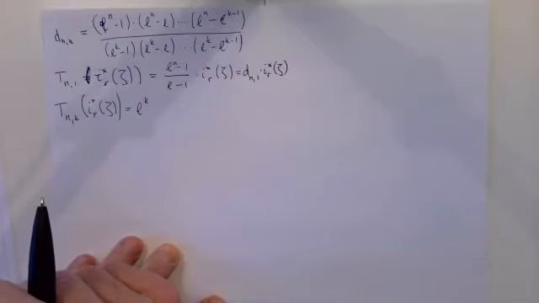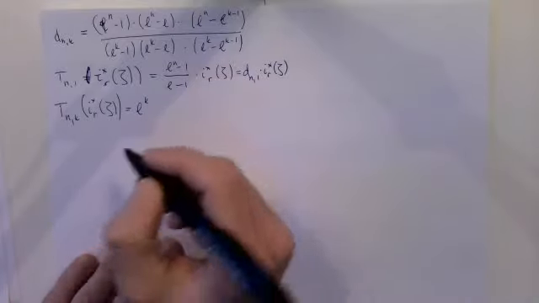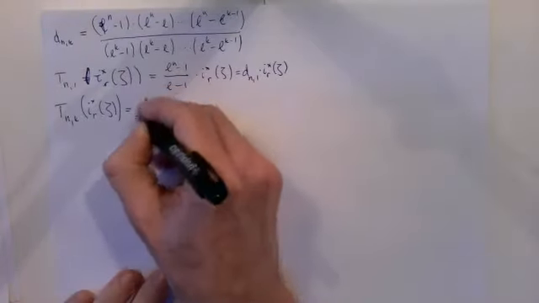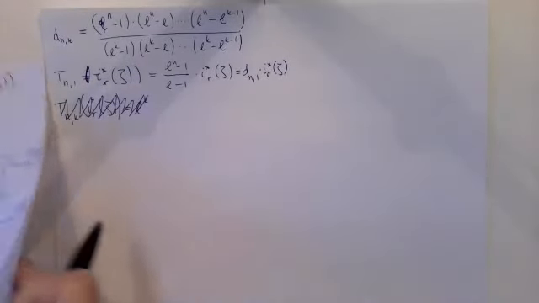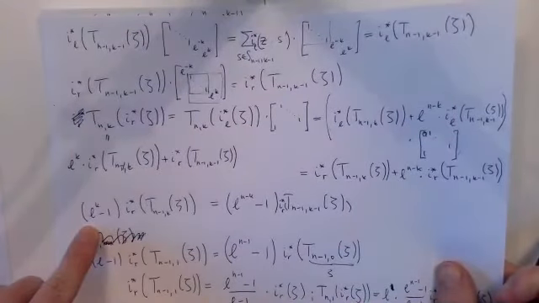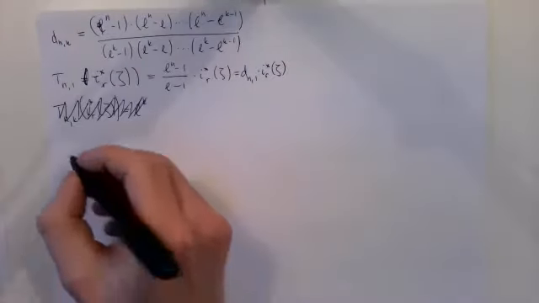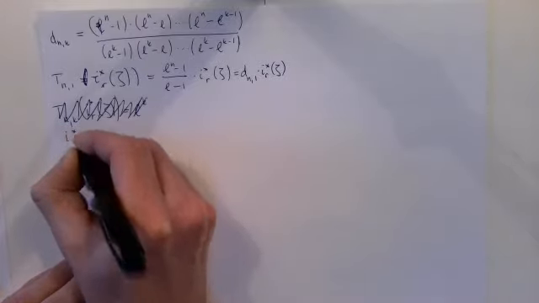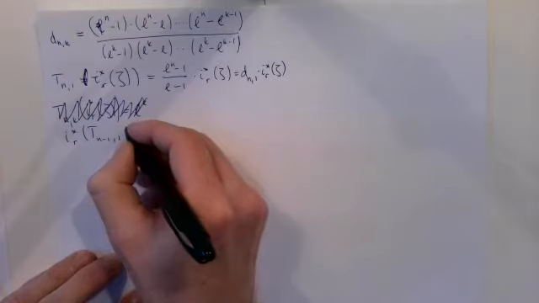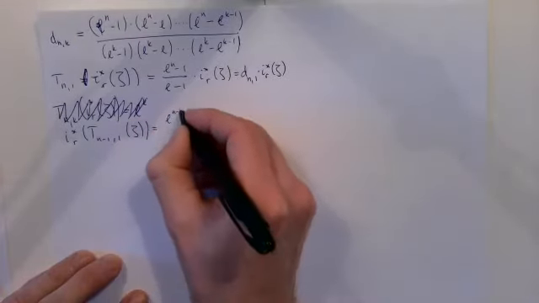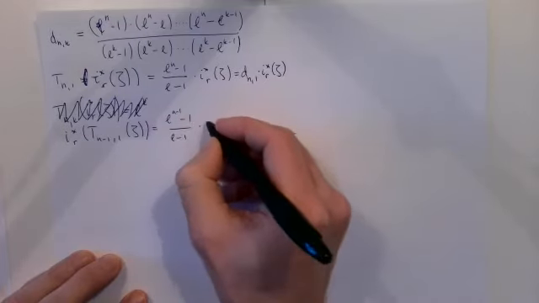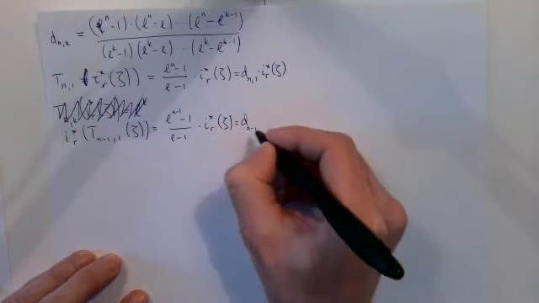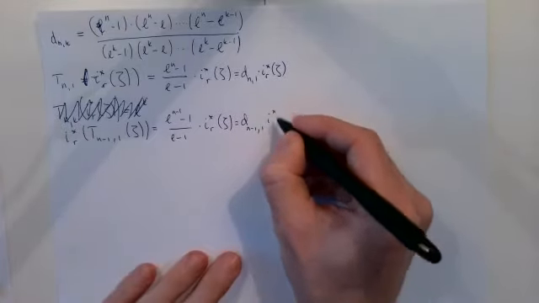We proved that I star R T_{n-1,1} zeta is equal to (L^{n-1} minus 1) over (L minus 1) I star R zeta, which is d_{n-1,1} I star R zeta.